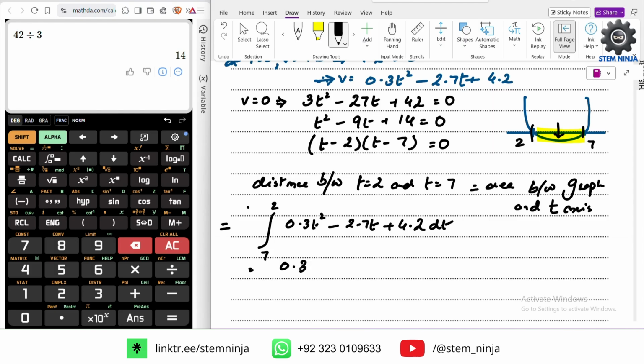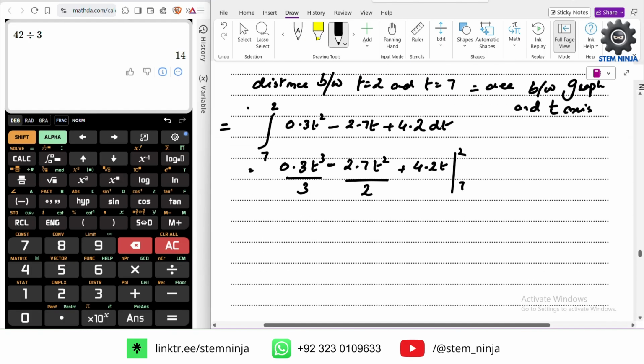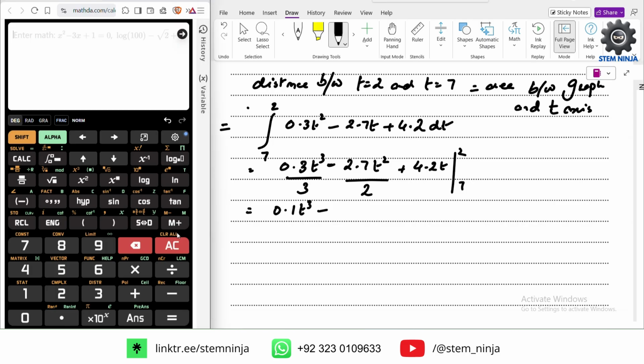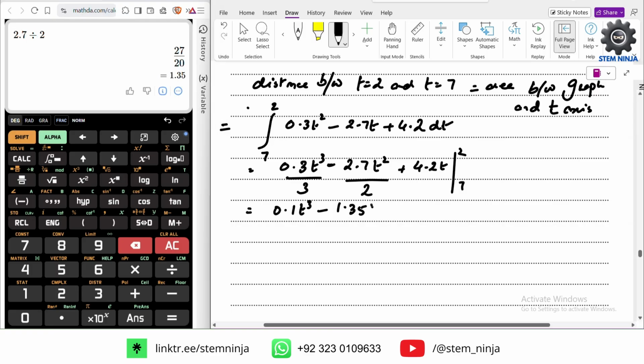So we have 0.3 t cubed over 3 minus 2.7 t squared over 2 plus 4.2 t, from 2 to 7. 0.3 divided by 3 is just 0.1, so 0.1 t cubed minus 2.7 divided by 2, 1.35, t squared plus 4.2 t, from 2 to 7.